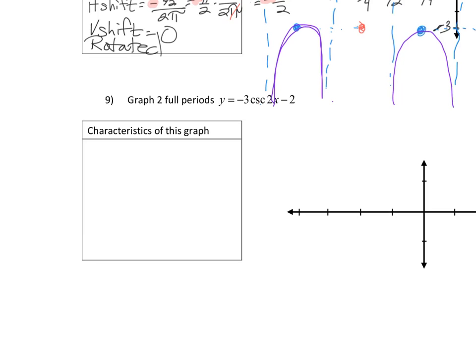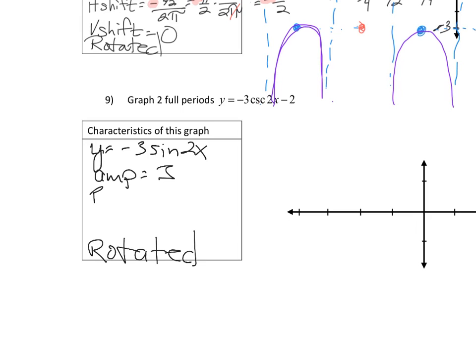All right, our underlying function, y equals negative 3 sine 2x. And then it's vertically shifted down 2. Okay, so I have an amplitude of 3. It's rotated again.